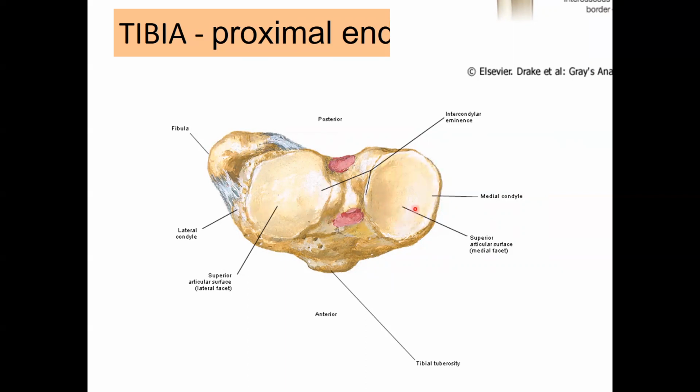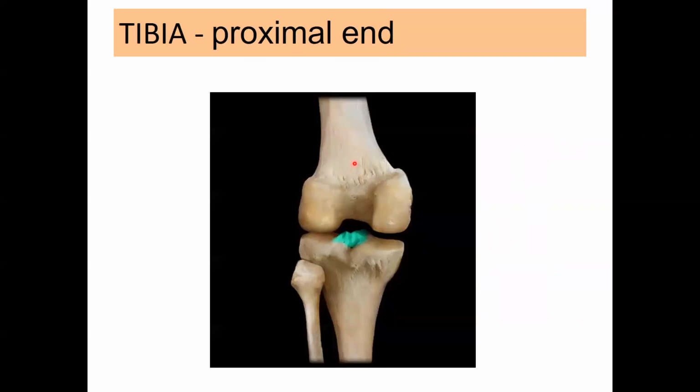This is the superior articular surface, and this is the superior articular surface as well, but this is the lateral facet and this is the medial facet. Anteriorly, you will have the tibial tuberosity that provides attachment for the patellar ligament. Somewhere at the back here, there is a point of attachment of the ligaments in the knee joint.